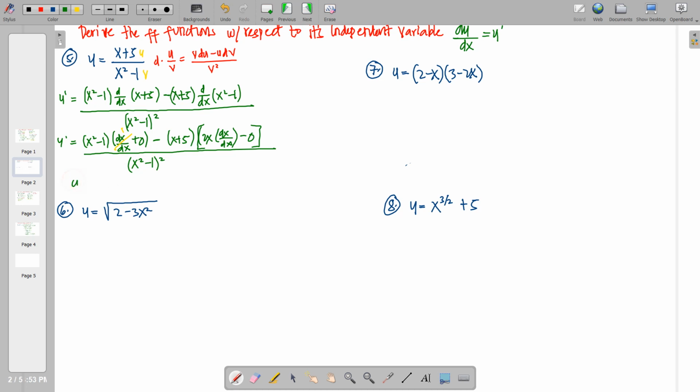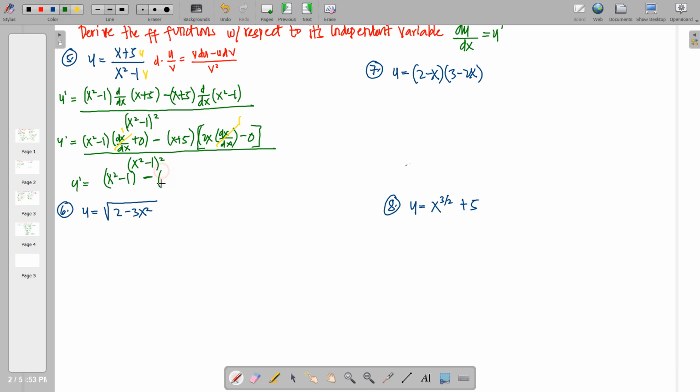So finally y prime will be equal to, so your first term remains to be x squared minus 1 minus, this is 1. Perhaps you can now distribute 2x here.